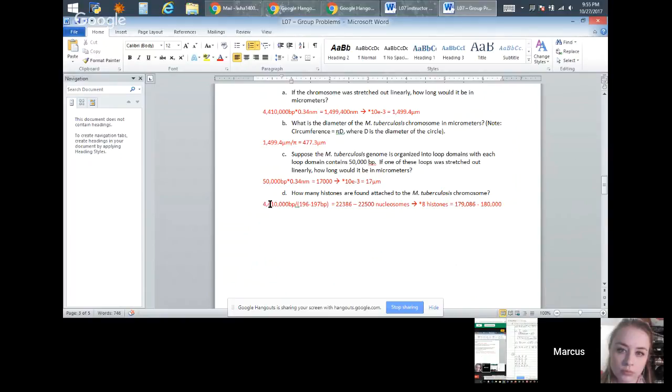We just take the number of base pairs it has in total and divide it by the number of base pairs that are approximately within a nucleosome. And then it brings us to this range right here of nucleosomes. And then we multiply it by how many histones are in our nucleosomes, which is 8, and it comes to this range right here.